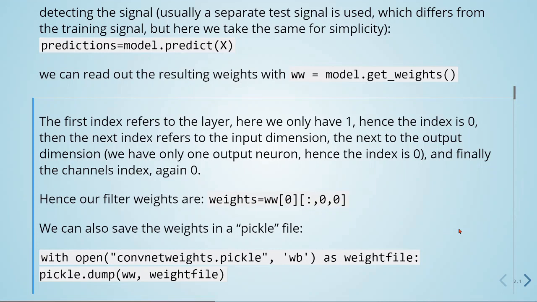Here we have only one output neuron, so the index is 0, and finally the channel index is also 0. So we get here W of 0, and this way we get our filter weights.